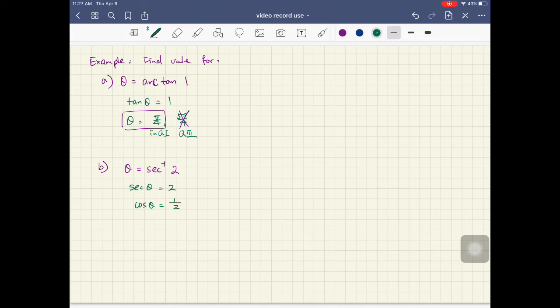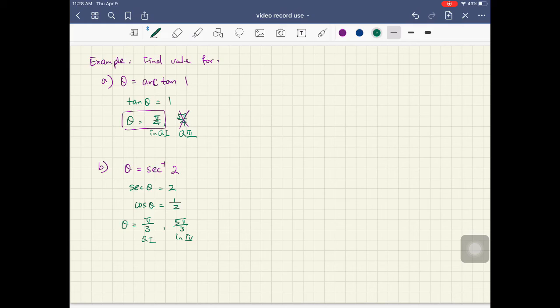So cosine of theta equals 1/2 tells me theta is going to equal pi over 3 in quadrant 1, or 5 pi over 3 in quadrant 4.